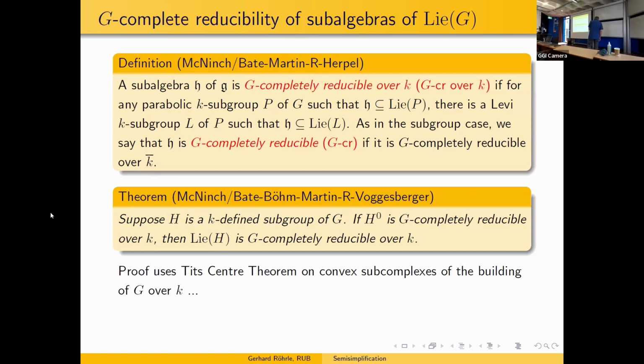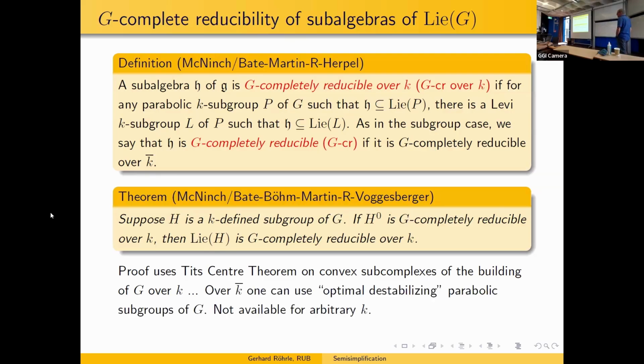Interestingly, this proof in the algebraically closed setting uses an optimality argument. I think Mike mentioned optimal parabolics, optimal cocharacters in the algebraically closed setting. But for an arbitrary field, that doesn't exist.